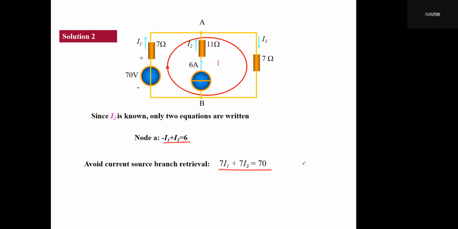Anyway, in this case, we are all just using the very basic tricks we have learned, the KCL and KVL tricks. Its only difference is now we know exactly how many KCL equations and how many KVL equations we should list.